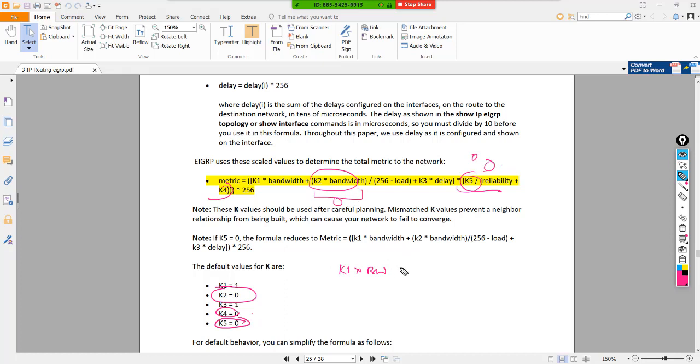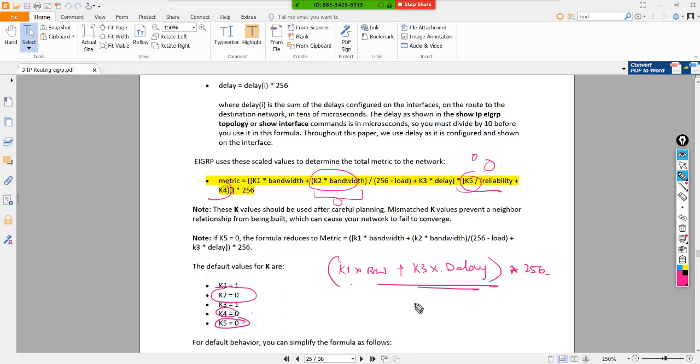Okay, and what else do we have here? So we have (256) minus load, plus k3 into delay, into 256.